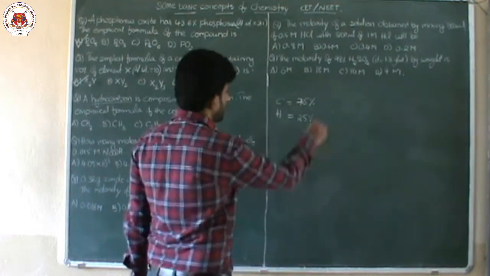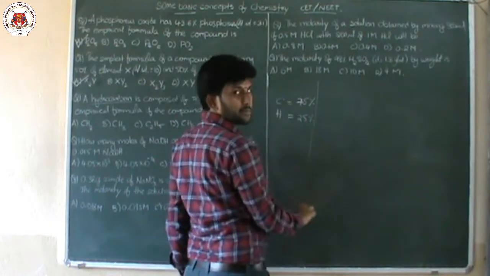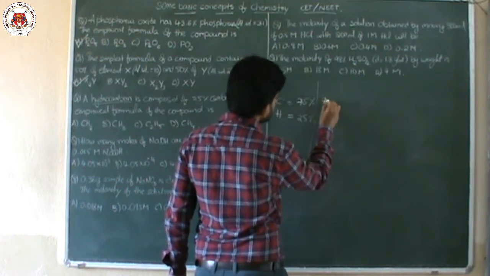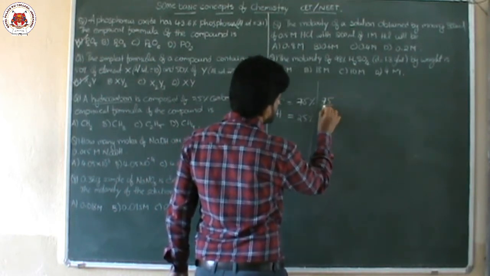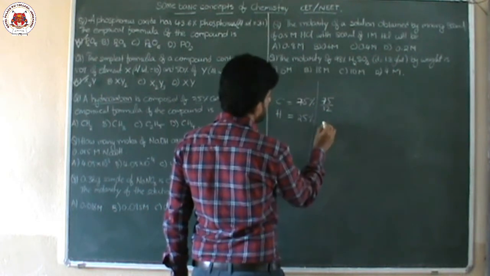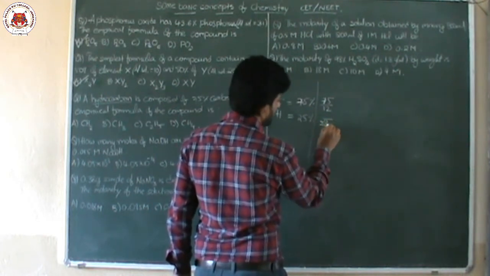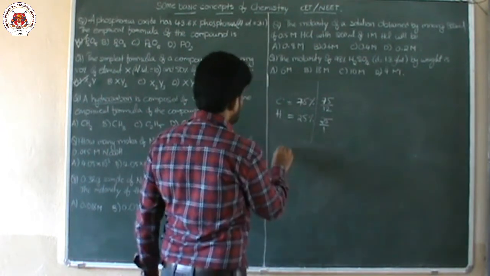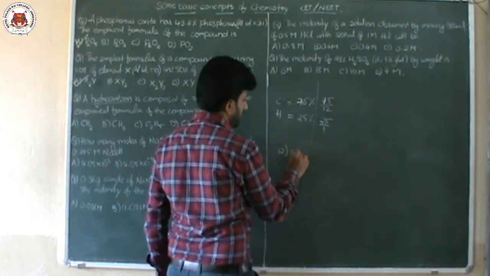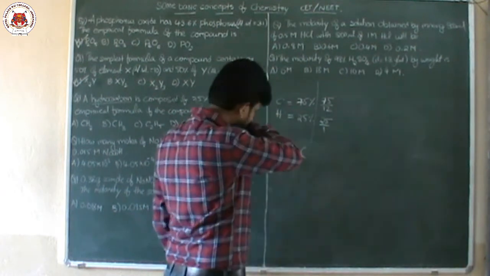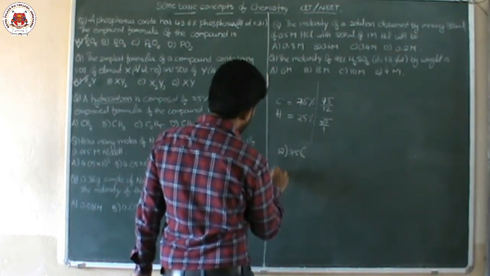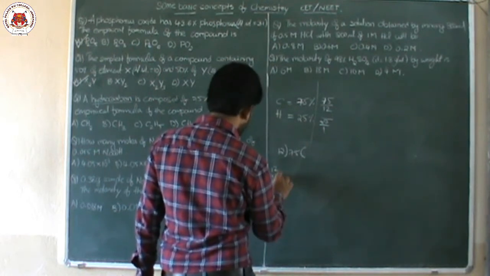Now percentage by atomic weight: for carbon it is 75 by 12, for hydrogen it is 25 by 1. If I divide 75 by 12, how many times does 12 go?